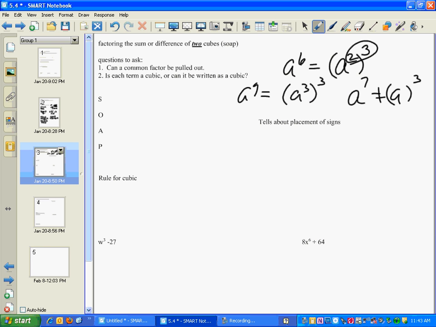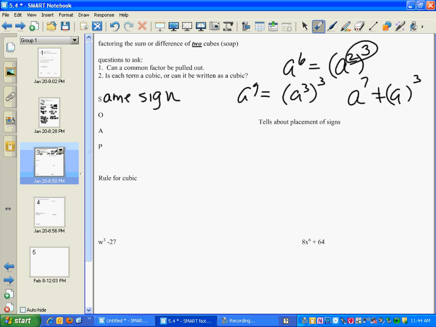Okay. So there is a common term that I like to use. It's called SOAP. We all need soap. We all use soap every day. SOAP helps us align our plus and minus signs in our parentheses. SOAP tells us the order of our signs. S stands for the same sign.